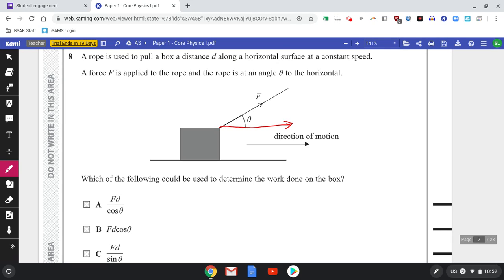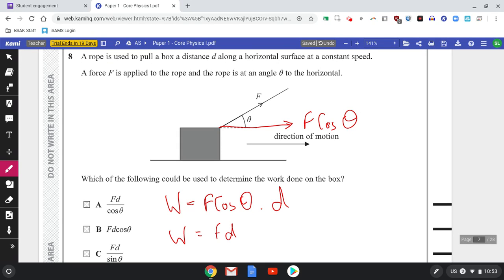So that component there is F cos theta. So work done is force times distance, but it's the force in the direction of motion multiplied by distance. So that is F D cos theta.